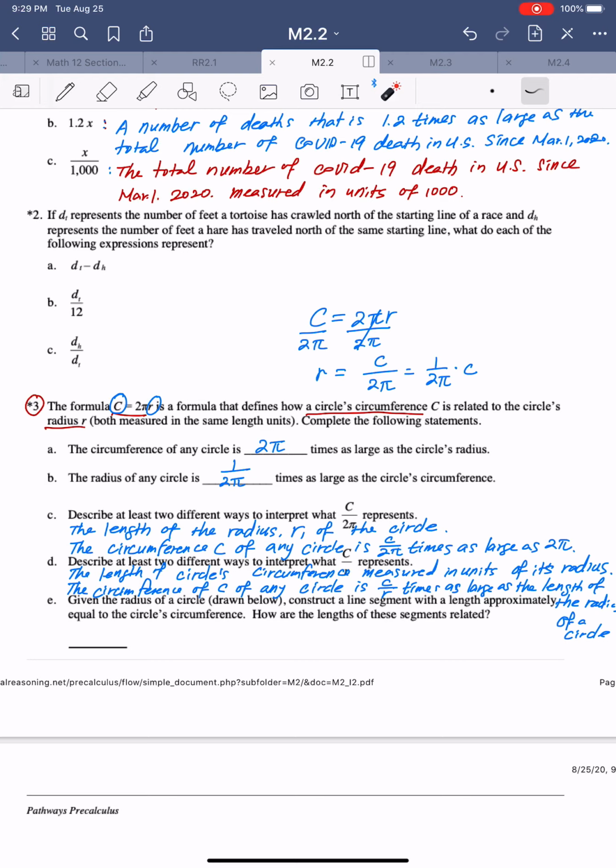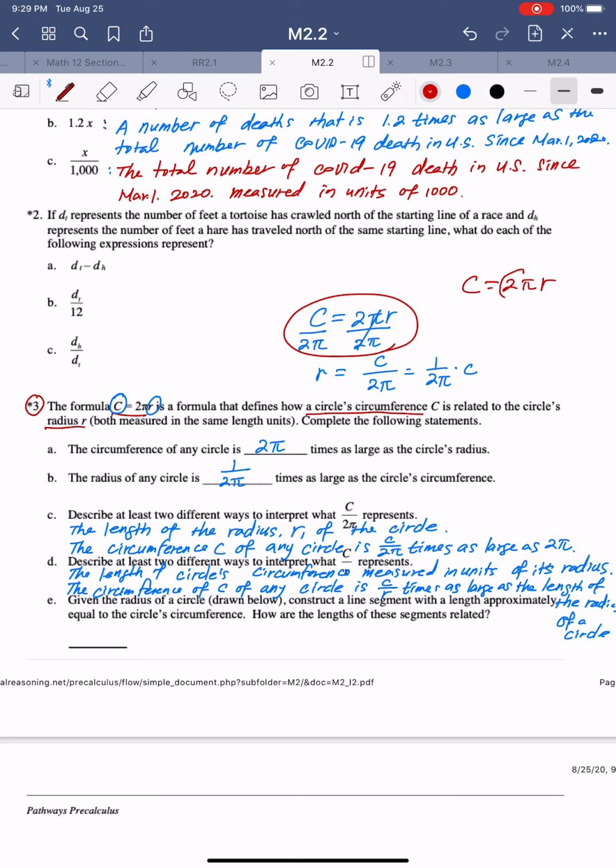If the radius is about this, what do you need to multiply to get the circumference? So 2 pi times more, isn't it? 2 pi times as large as the circle's radius, because I already talked about it here. Right? So C is 2 pi r.